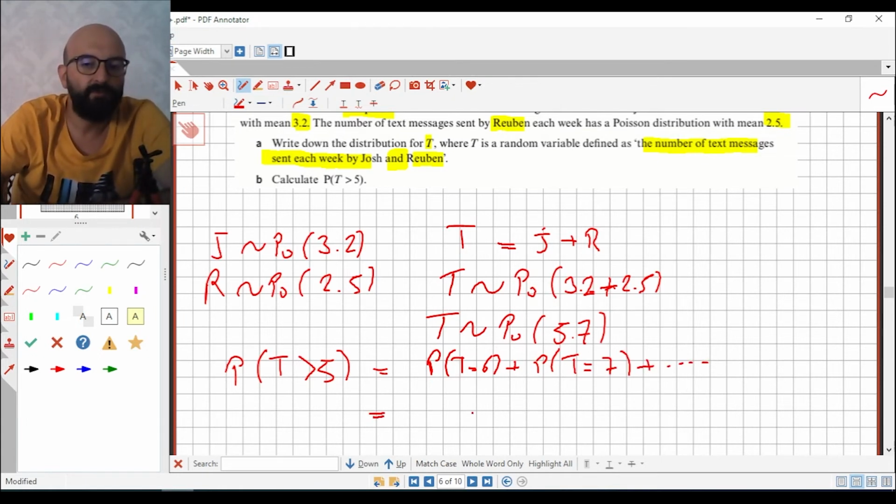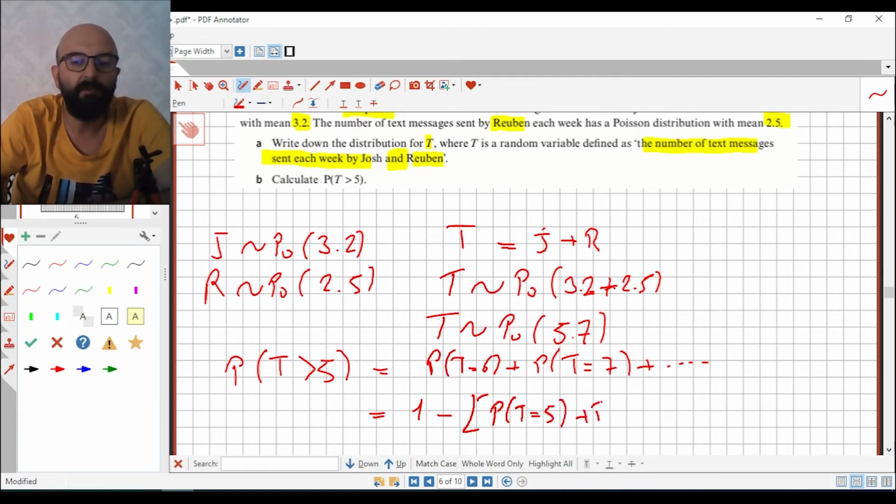And if you want to work out this process, you can use another process. It means 1 minus the probability of t equals 5, the probability of t equals 4, the probability of t equals 3, and so on down to the probability of t equals 0.